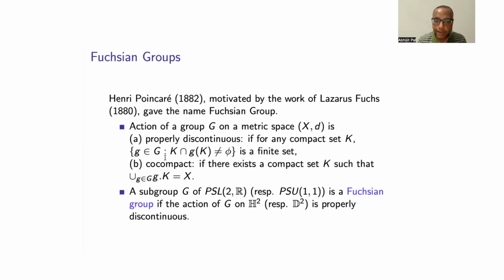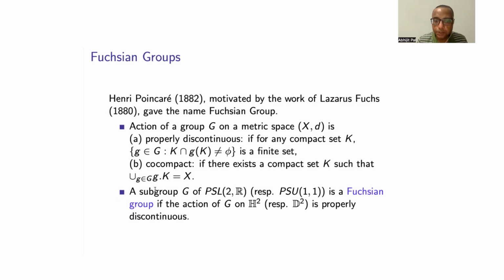And we say that the action is co-compact if there exists a compact set K such that the union of gK is equal to X. Here the group G is acting on this space X, and if you take an element small g in this group capital G, then g dot K means the action of that element on this compact set K.